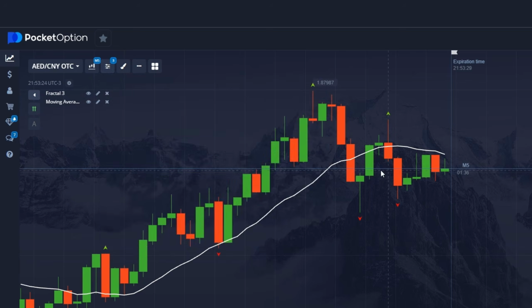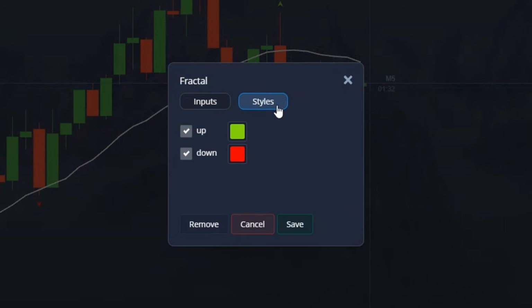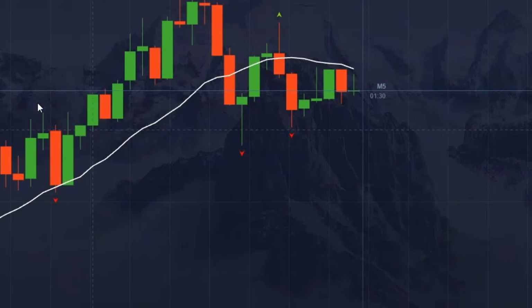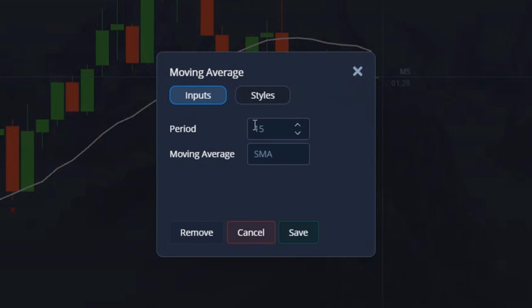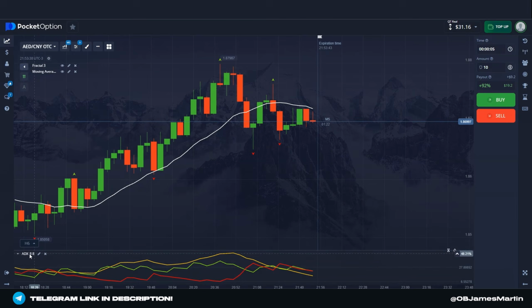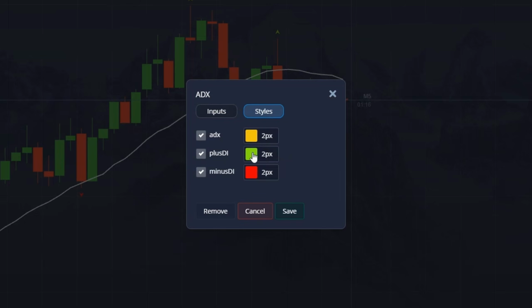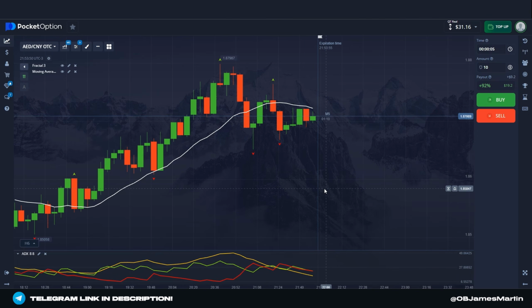For the fractal, let's use 3 on periods with the style save. Moving average 15, simple moving average, white on style. ADX, just change this to 8, okay, yellow, green, and red. In general, this is all I need to start trading.